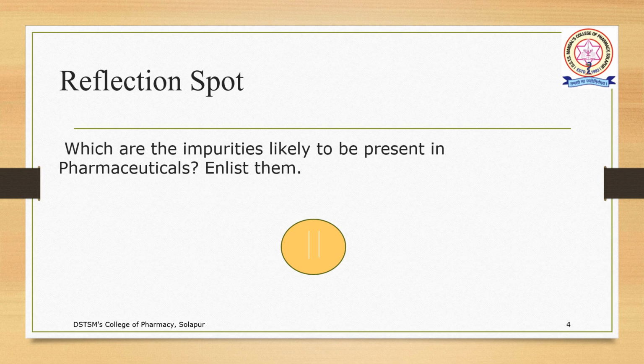Now we will think about what are the impurities which are likely to be present in the pharmaceuticals, that is drugs and the excipients. You have to enlist them. I think you have enlisted them, so we'll move ahead.